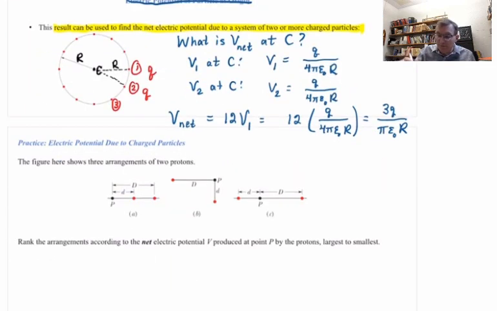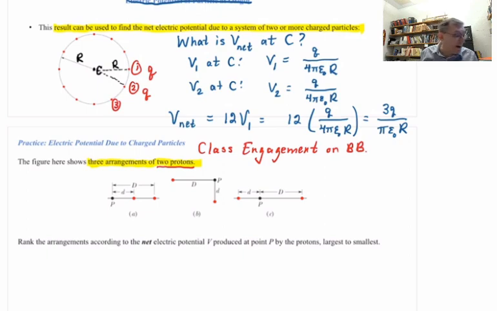I will just leave you with one more thing, a class engagement question for Blackboard. Okay, here's what it says. This figure shows 3 arrangements, each arrangement consisting of 2 protons.